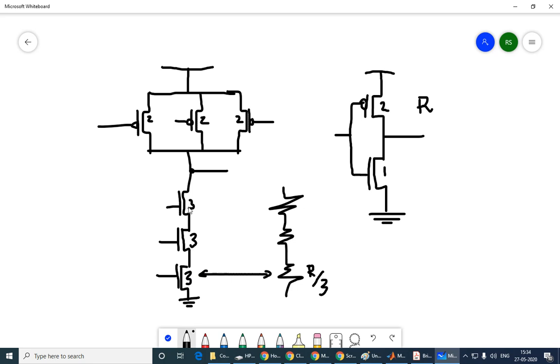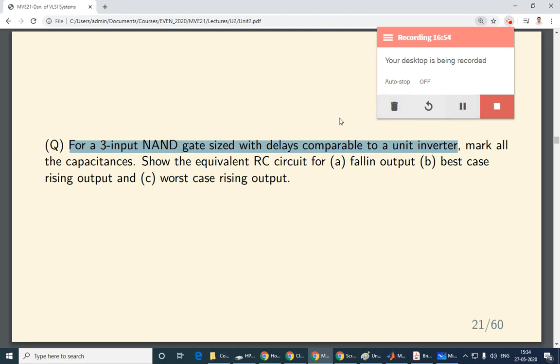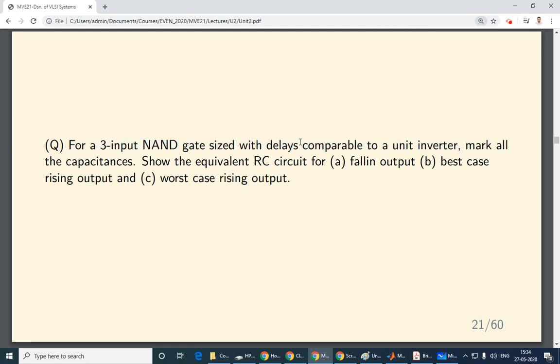So R by 3, R by 3, R by 3, same as this, which is equivalent to this. So this is my 3 input NAND gate equivalent to unit inverter. So this is the perfect equivalence in terms of NMOS and PMOS. And this is the first part of our question. 3 input NAND gate sized with delays comparable to unit inverter.